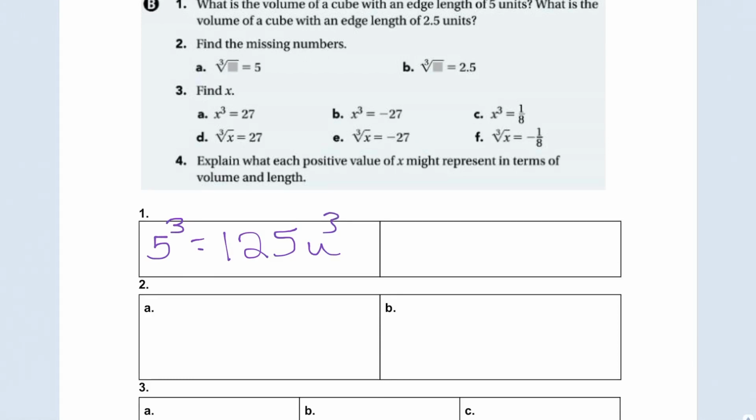What is the volume of a cube with an edge length of 2.5 units? So you're going to do something very similar here. You're going to cube the edge length.